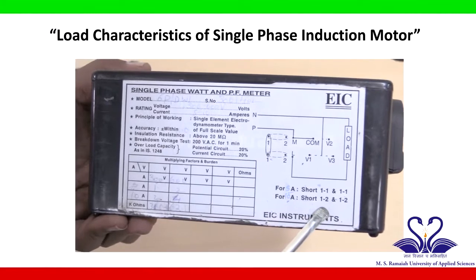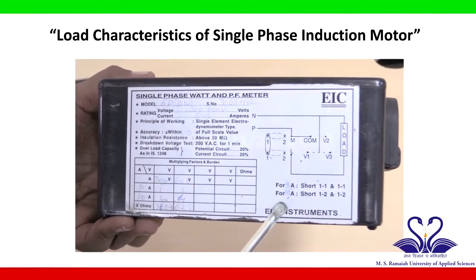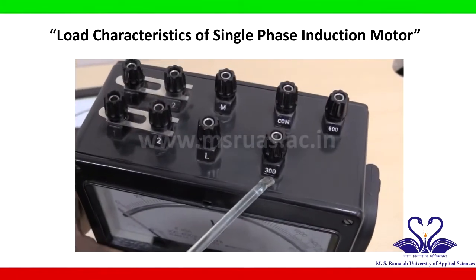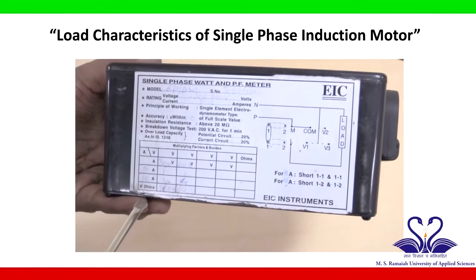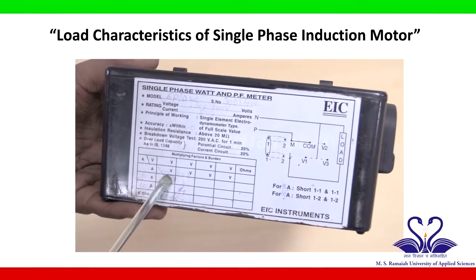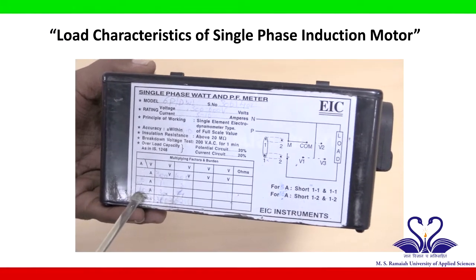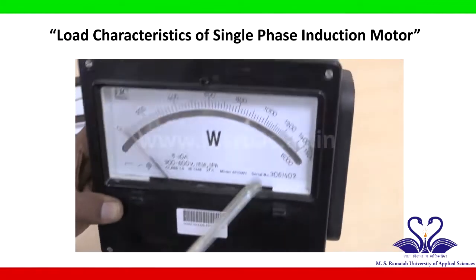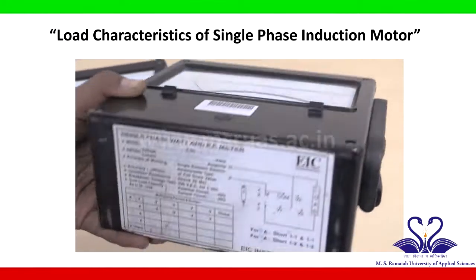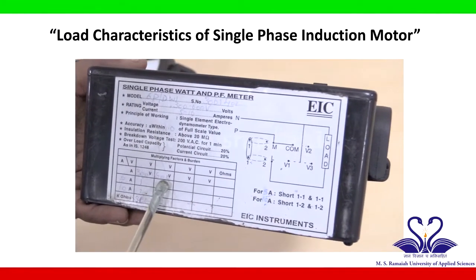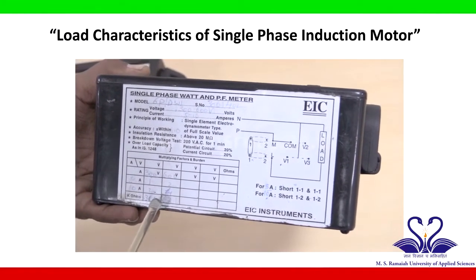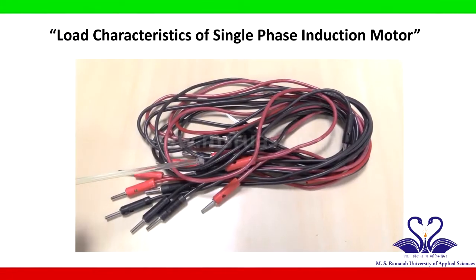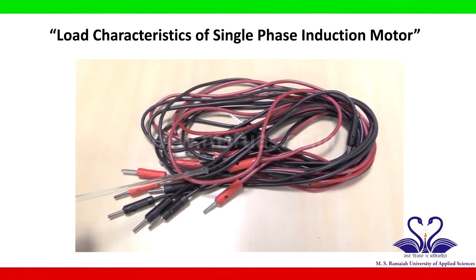Suppose if you are using 300 volts terminal, for a 300 volts terminal 10 ampere wattmeter, the multiplication factor should be 2. Suppose if you are using 600 volts terminal, for 600 volts and 10 amperes, the multiplication factor should be 4. Connecting wires, these are the connecting wires to make the connections as per the circuit diagram.